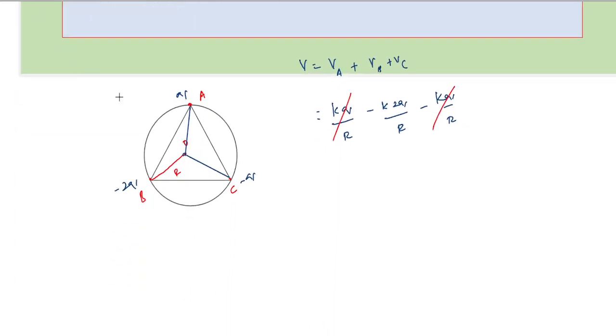Finally, what remains is V is equal to minus 2KQ by capital R.